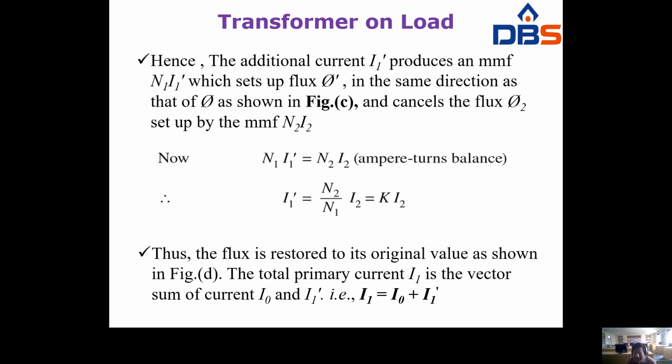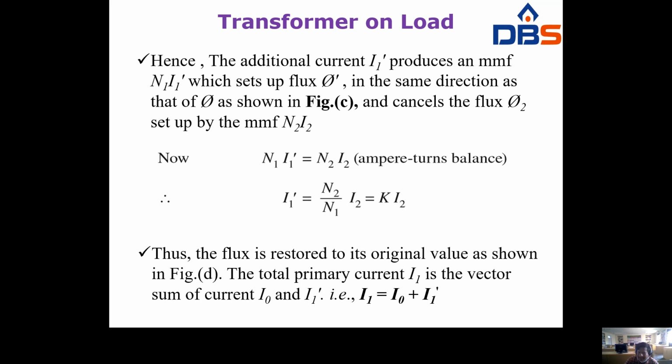Now, an additional current I1 dash is produced with the help of pi 2, and it produces additional flux pi 1 dash. That is in the same direction as pi, right? So pi 1 dash and the main flux are in the same direction, but pi 2 is in the reverse direction, shown in figure C. Therefore they cancel each other, cancelling the flux pi 2 set up by the secondary.